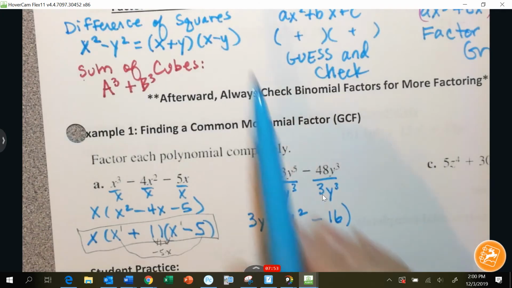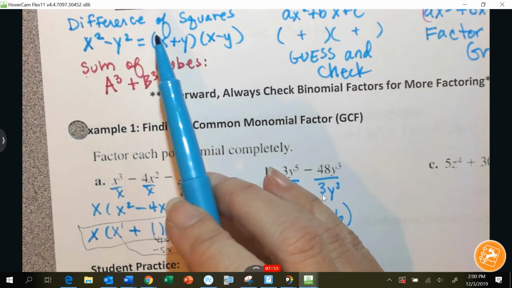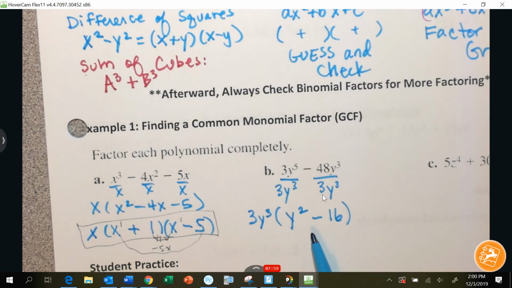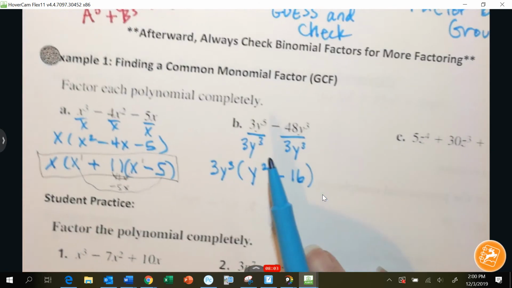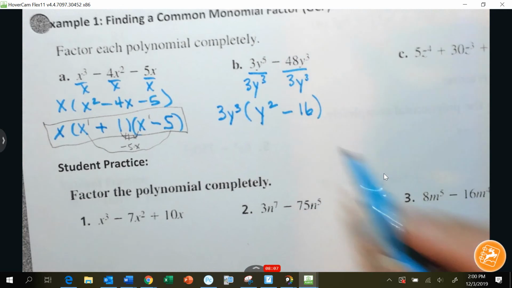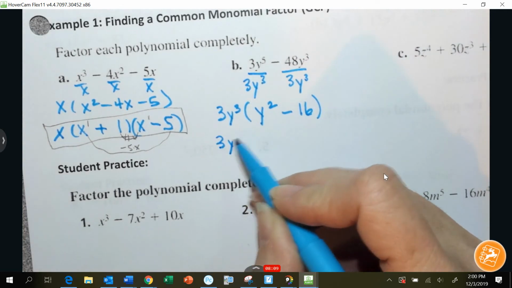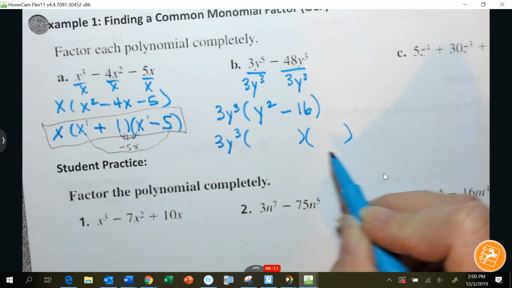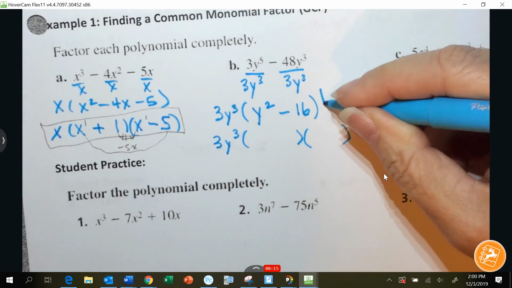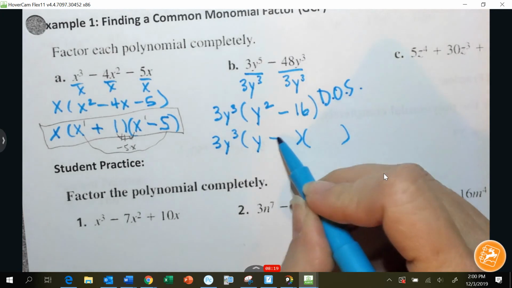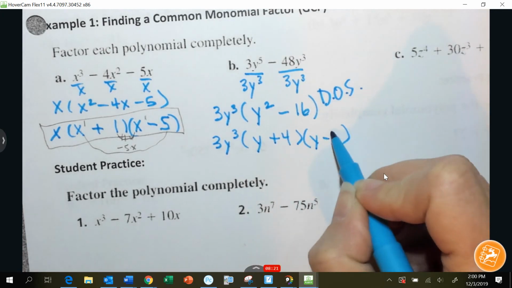So we go up here and we say, is it a difference of squares? It can be y and y. So 3y cubed and then y squared minus 16 is a difference of squares, D-O-S. So we can go y plus 4 and y minus 4.